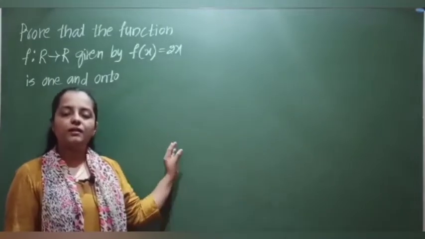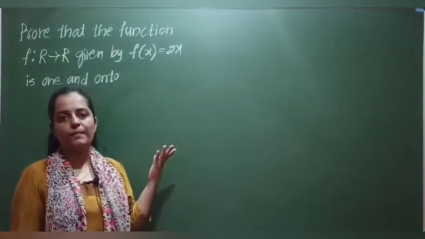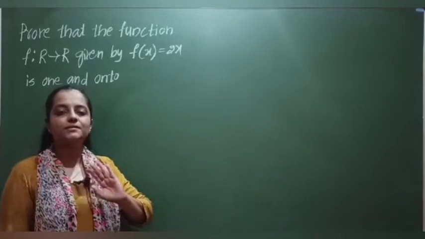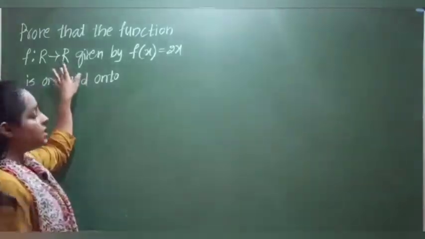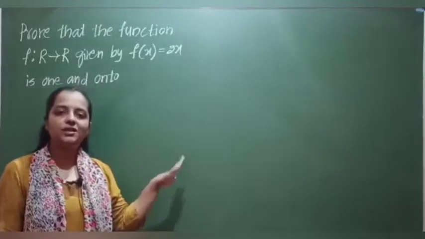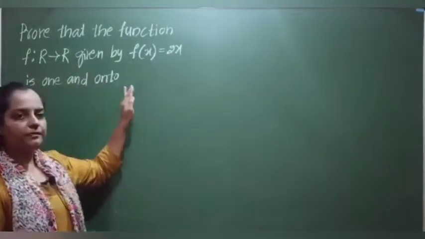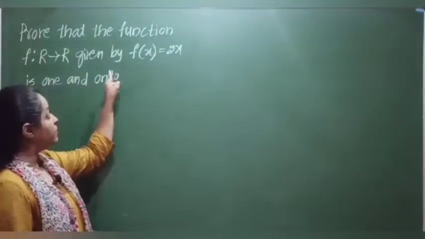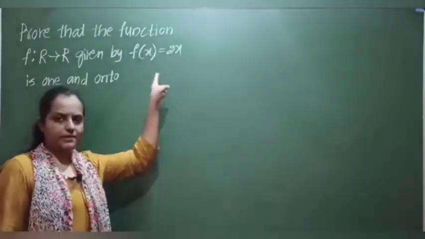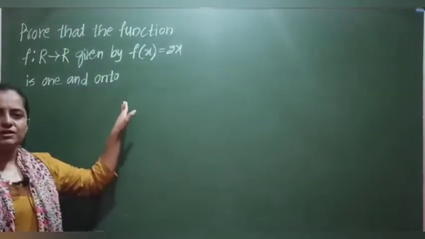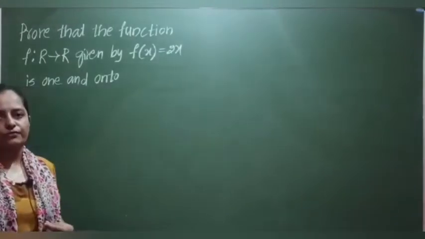Real numbers have all the numbers, but not complex numbers. The function is defined from R to R and given as f of x is equal to 2x. We have to show the given function is a 1-1 function and an onto function.